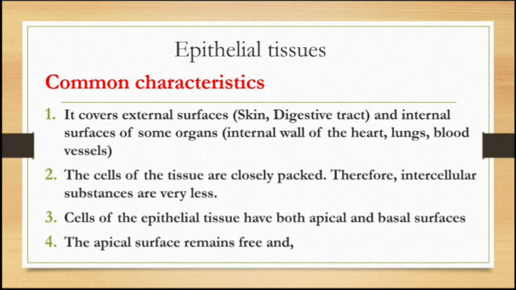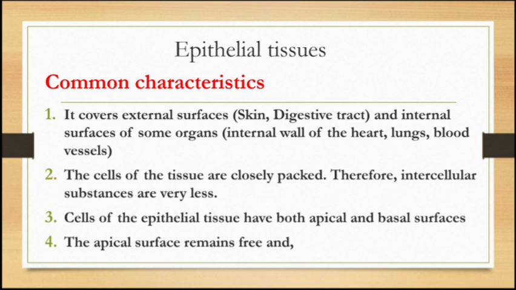First, we have to know the common characteristics of epithelial tissue. So, what is an epithelial tissue? It covers external surfaces. Epithelial tissue covers external surfaces like our skin and digestive tract.